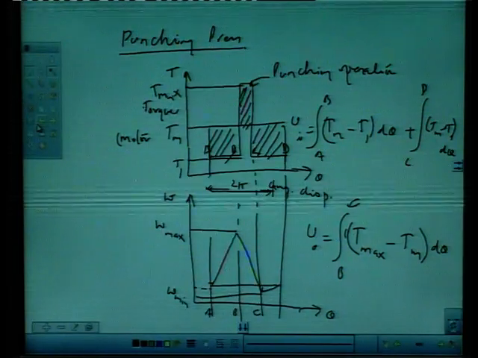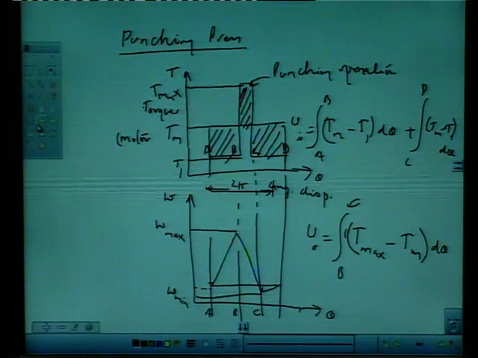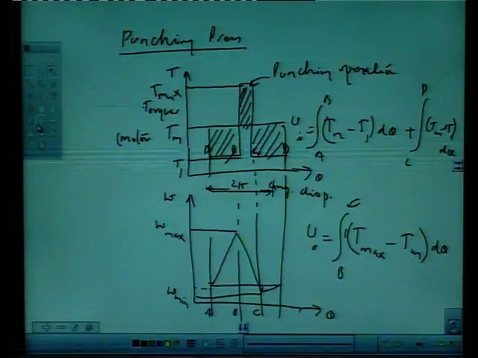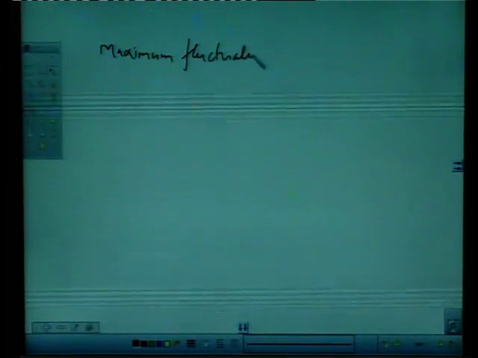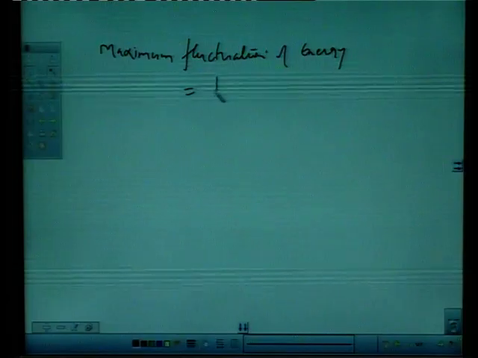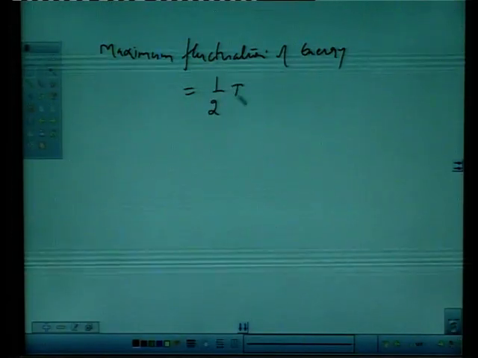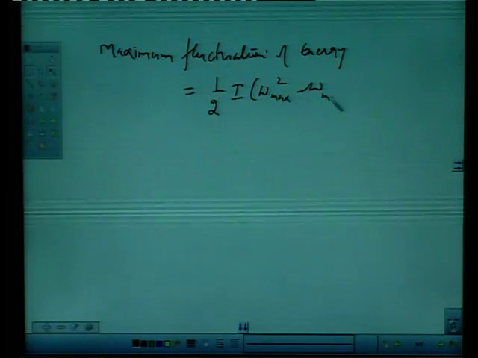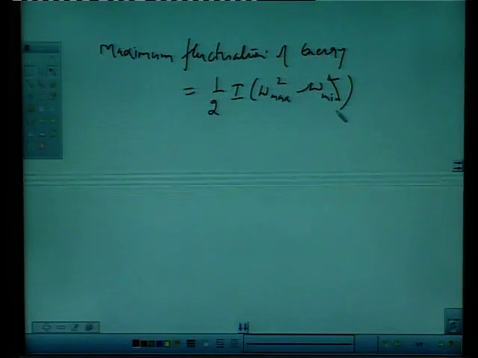Like in case of punching press, the angular velocity of the flywheel will decrease from omega maximum to omega minimum, and during this period maximum fluctuation of energy will be there, and that will be equal to half I omega maximum square minus omega minimum square.